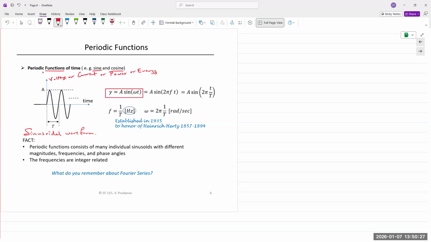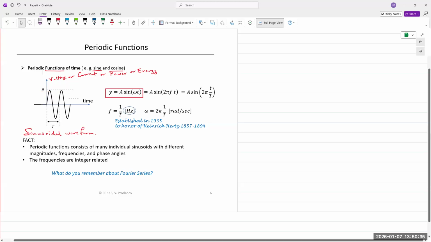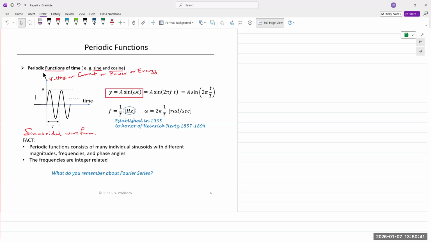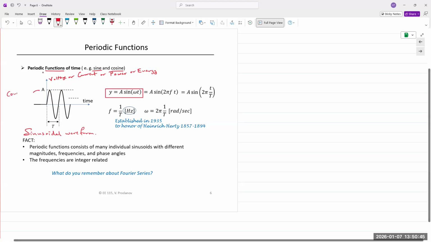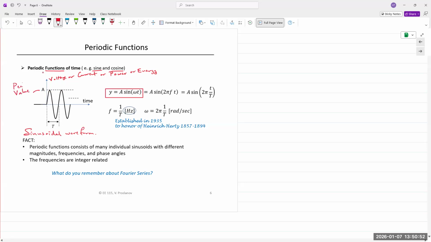So the highest peak, which is right here, that is A. It does not stand for amps, I want to clarify that. It's simply the peak value of the waveform, basically the highest value of that waveform.